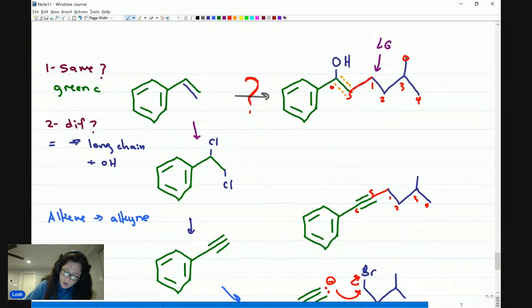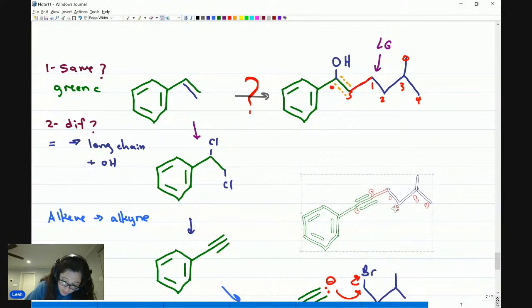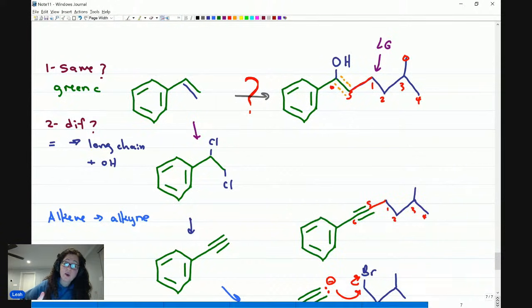Then, how do we go from the alkyne to the alcohol? Well, that is very simple, but it's not one step. I don't know how to go from an alkyne to an alcohol, but I do know how to go from an alkyne to a ketone to an alcohol if you learned reduction, or from an alkyne to an alkene to an alcohol.